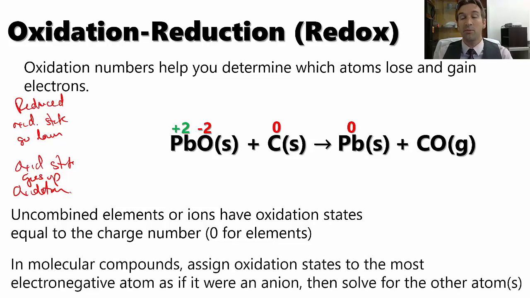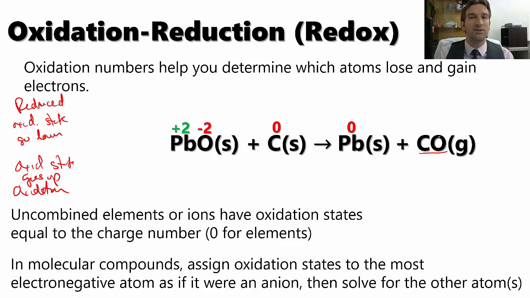Next we have to look at our molecular compounds, and molecular compounds are actually not that bad. What you'll do is look at the electronegativity of the atoms that are present. Whichever atom is the most electronegative is going to be treated as if it's an anion. So here in carbon monoxide, we have carbon and we have oxygen, and oxygen has the higher electronegativity.